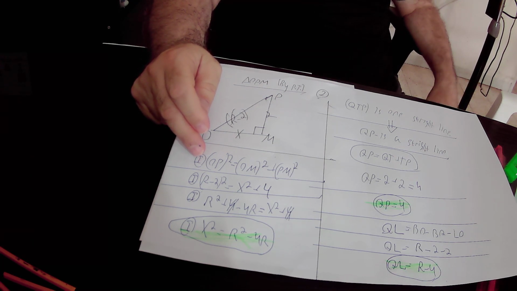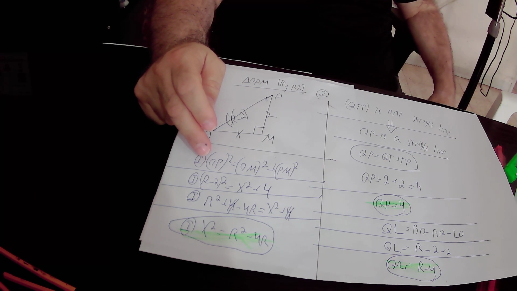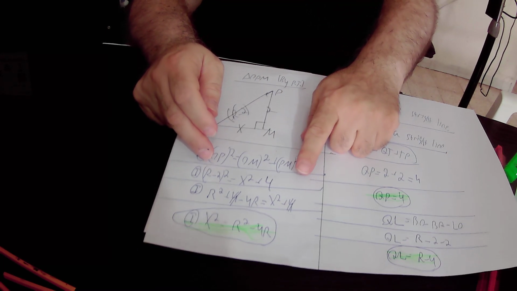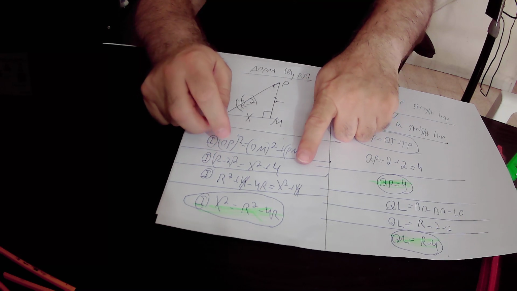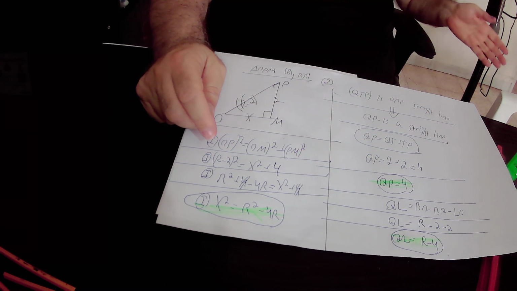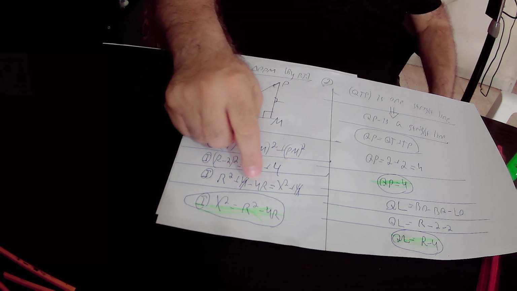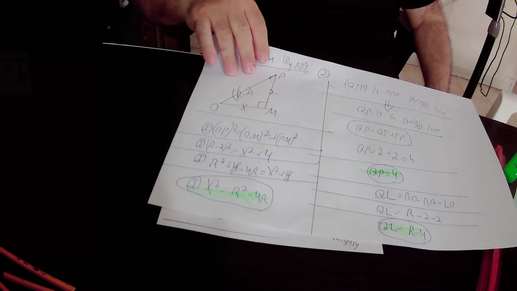We found out that R minus 2 square equals R square plus 2 square, that is 4, minus 2 times R times 2, that is minus 4R. That is equal to X square plus 4. Here we have 4 on both sides of the equation, so 4 will get cancelled. So in conclusion, according to equation number 1, X square equals R square minus 4R.